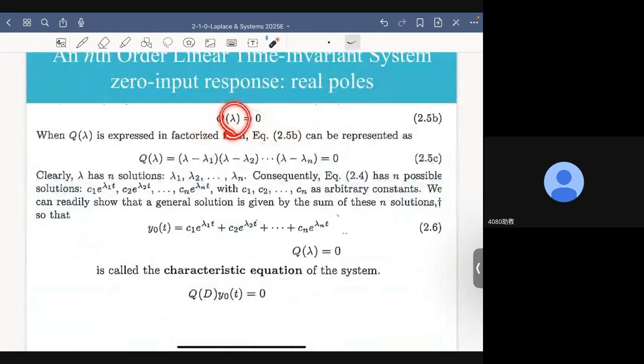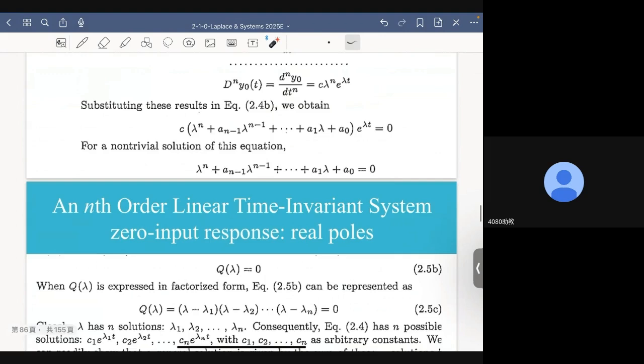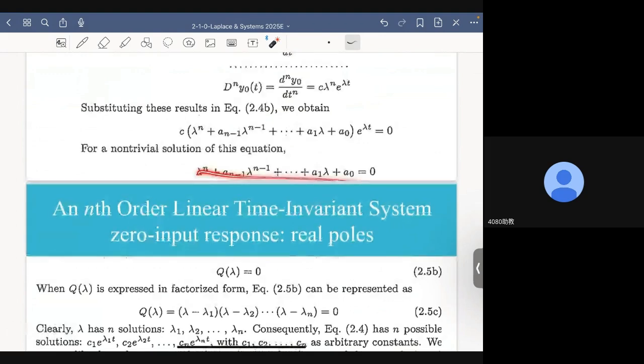Different independent variable, but mathematically the same thing, because they have identical representations, which is this polynomial. It's just that the variable has different physical meanings, but mathematically they are identical. They are the same thing.